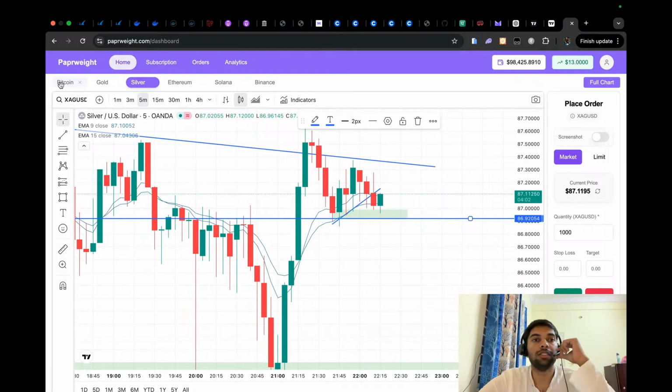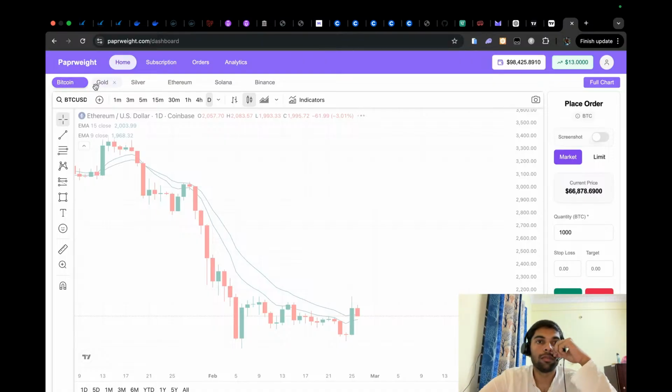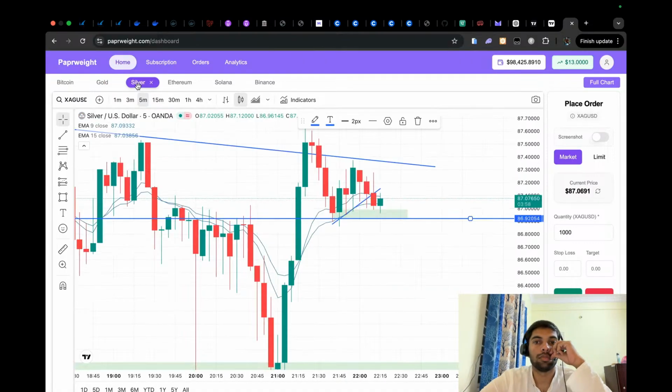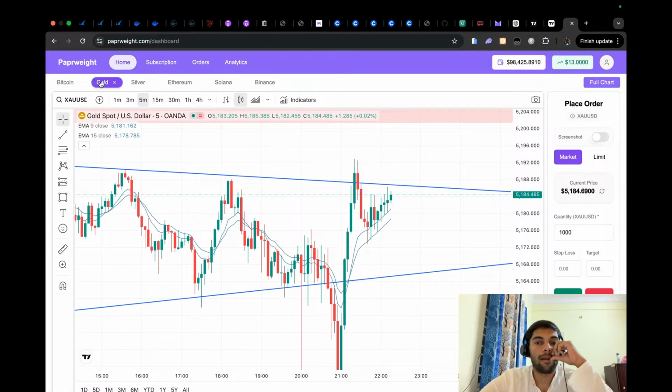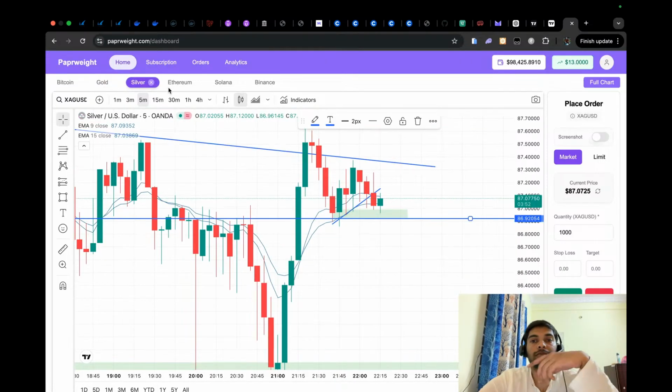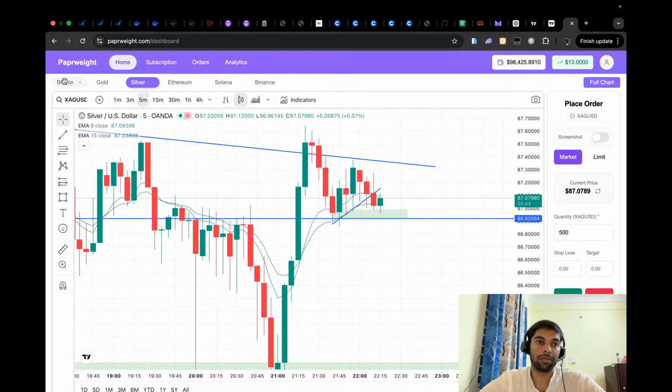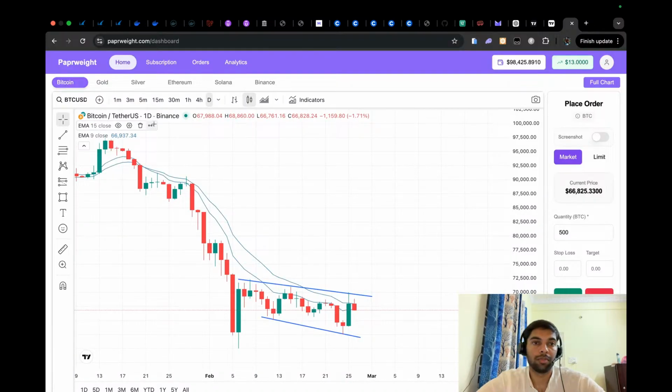TradingView is lagging, guys. This is pretty much high quantity in silver. We'll trade with 500 quantity. Yeah, so we are at BTC USDT.